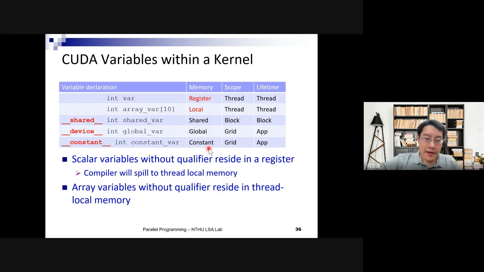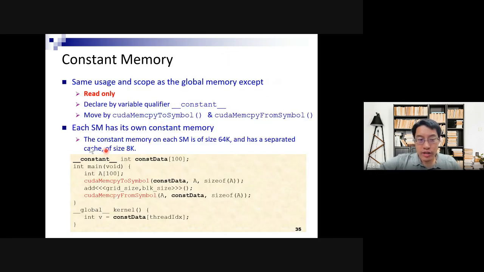Of course, the constant memory needs to be accessed across all the thread blocks. That's why, as shown before, the constant memory should be declared outside the kernel function. Similarly for the shared memory, if you want to use dynamic allocation, then you also need to declare that variable outside the thread block.